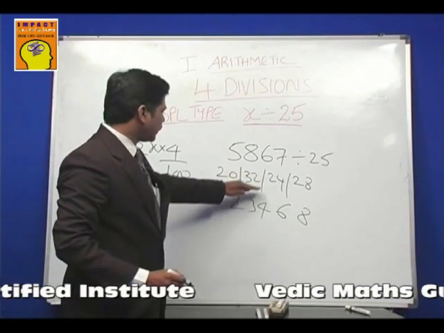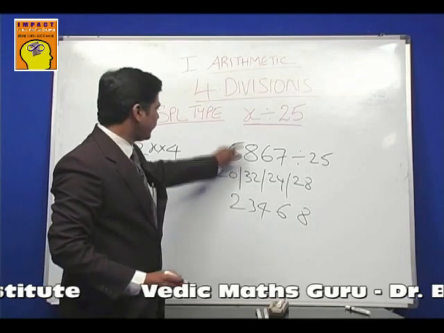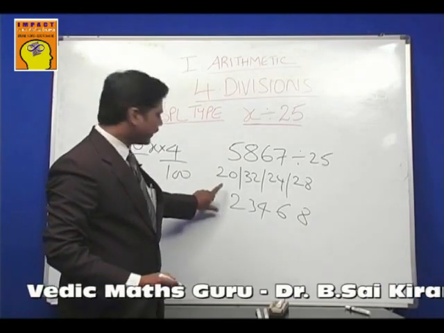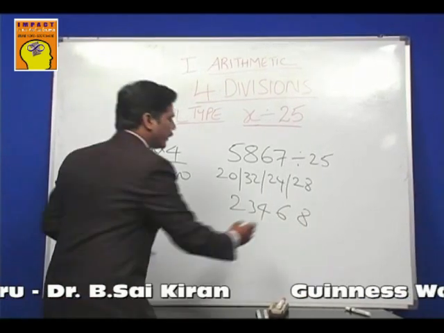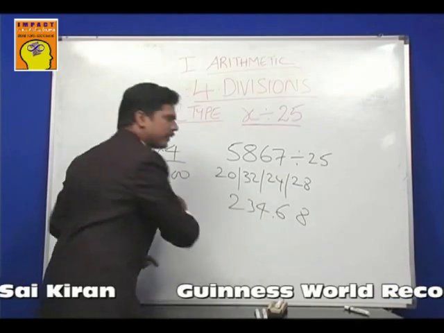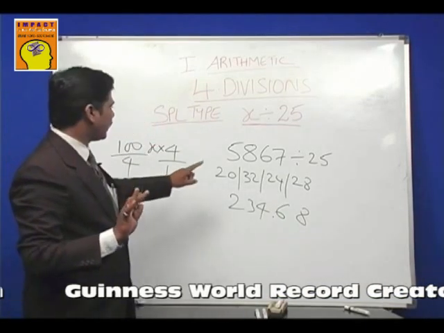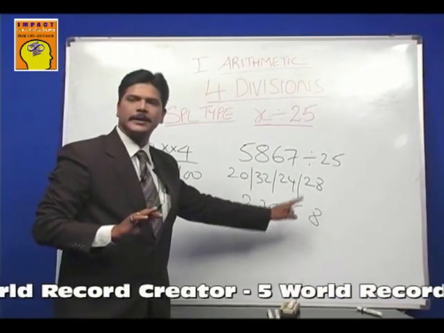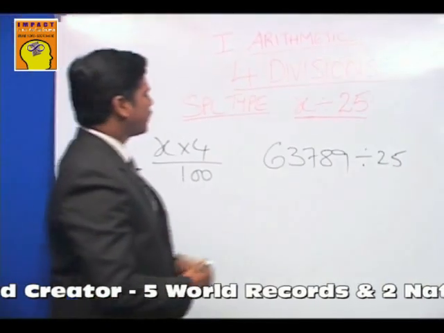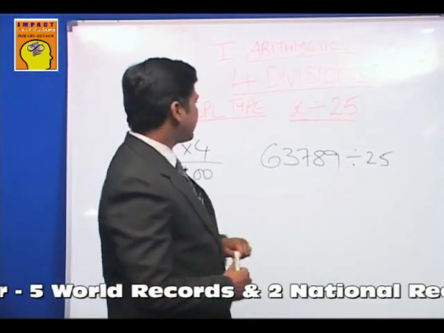This is what you got when you multiply the number by 4. Now divide this number by 100. That means put a decimal point after 2 places and that's the final answer. So 5867 divided by 25 is 234.68.